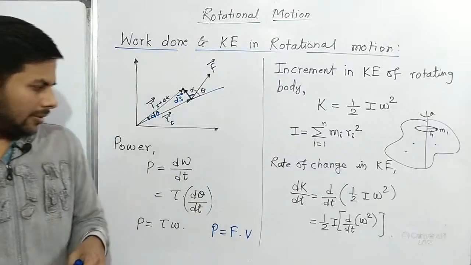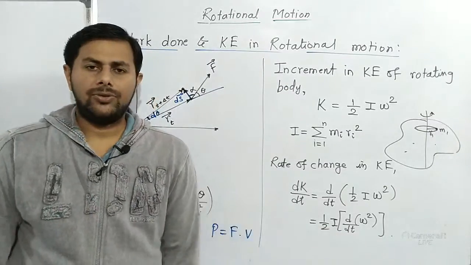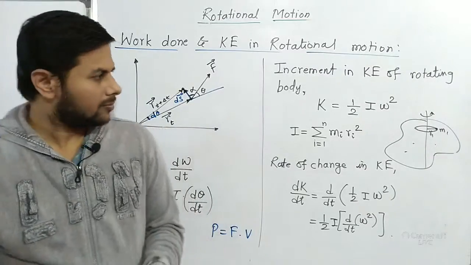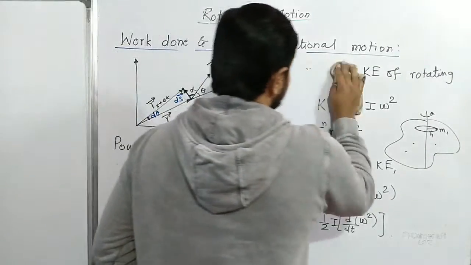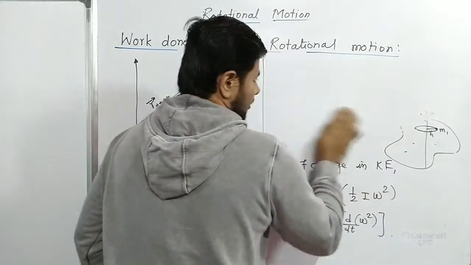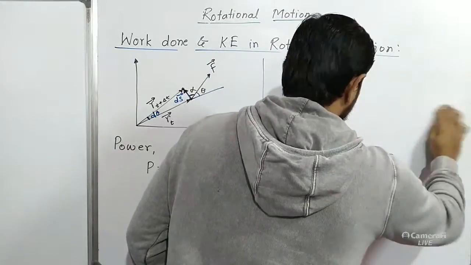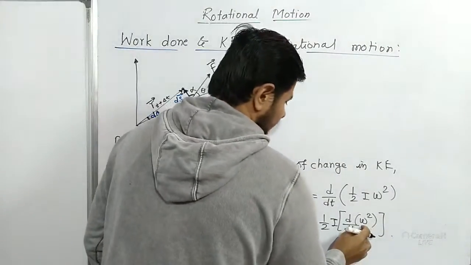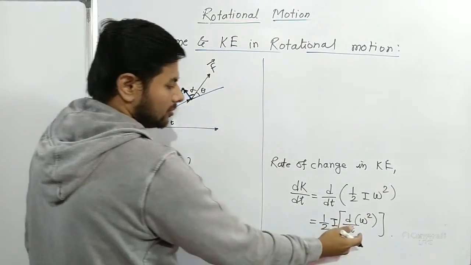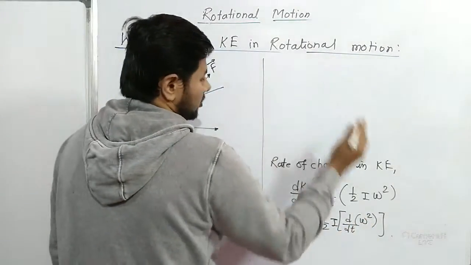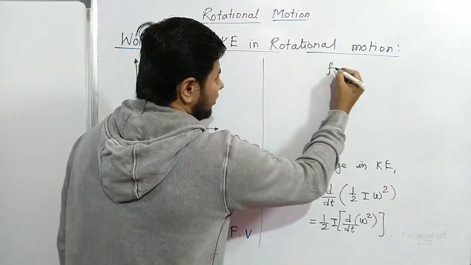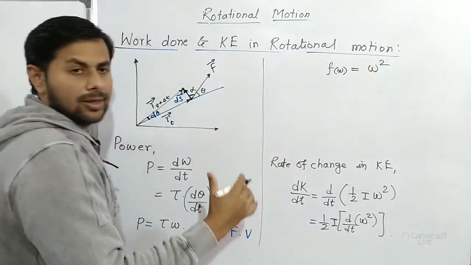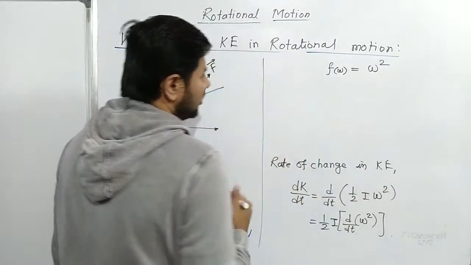Here we have to use the chain rule of derivatives that we had studied, I guess, in the third chapter. So what is the derivative of omega squared with respect to t? Let's suppose this term is f of omega, which is omega squared. I am just briefing the chain rule.